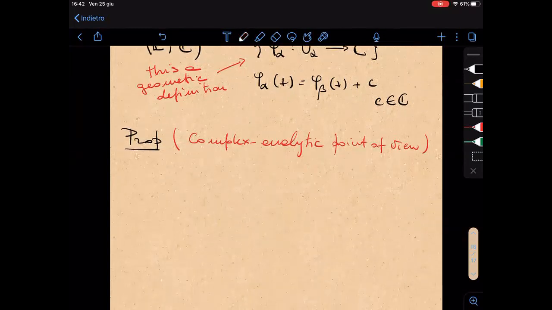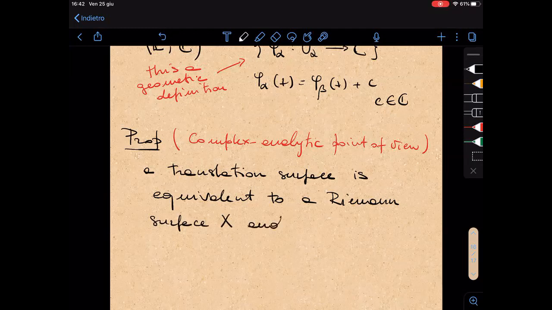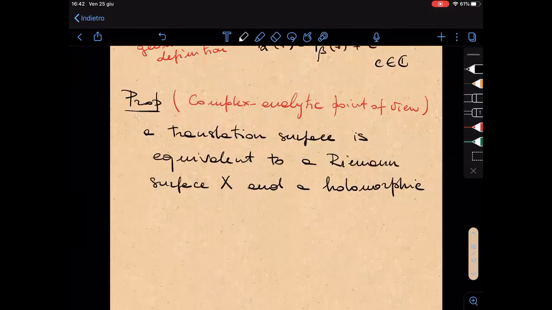And the point is the following: a translation surface is equivalent to a Riemann surface X and a holomorphic Abelian differential.